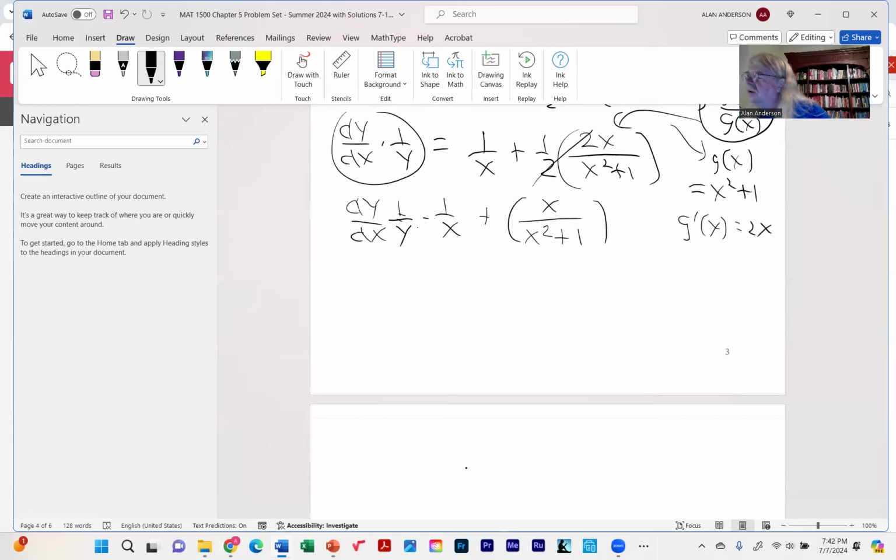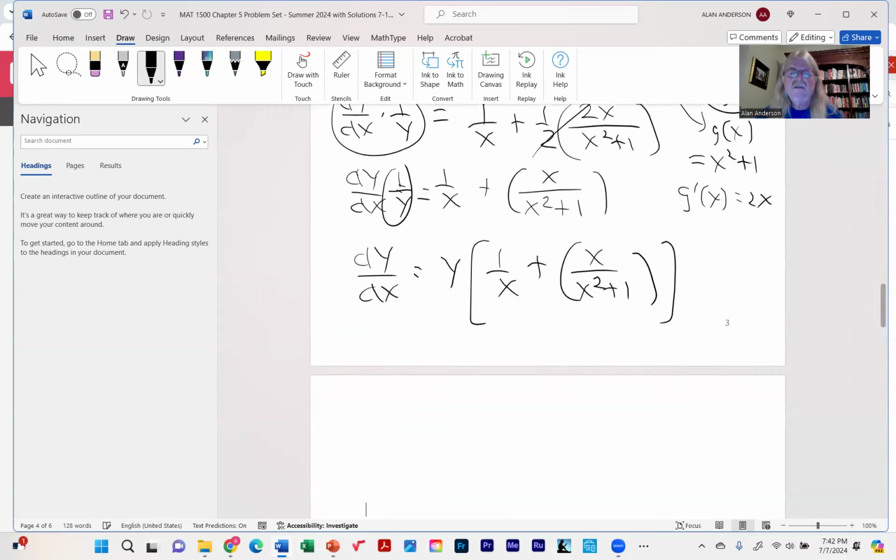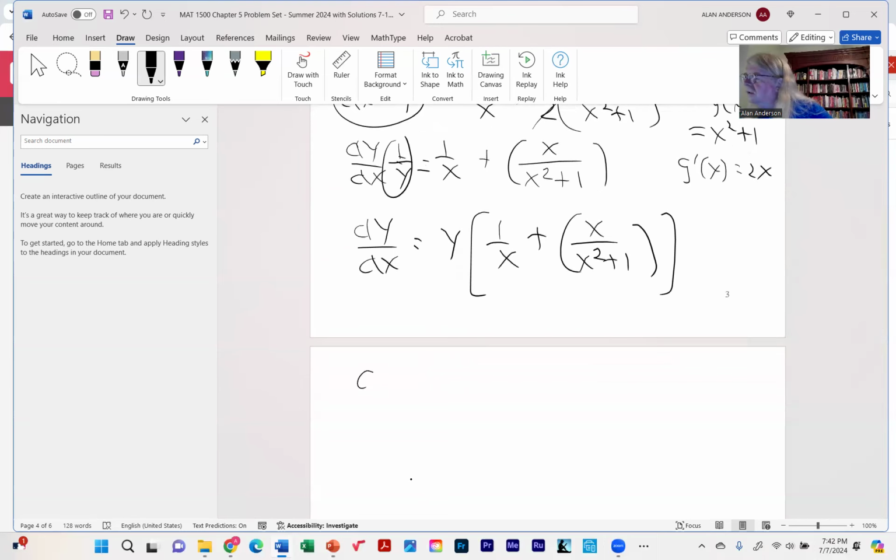That's important, this part, because now what I've got to do is multiply both sides by y. We'll go back and get the original definition of y, and then plug it in.